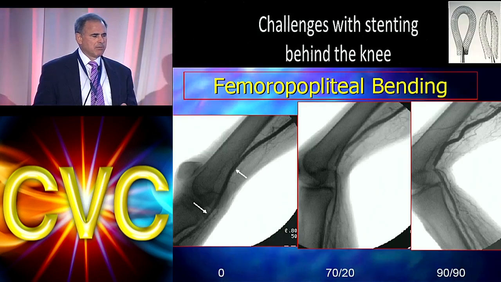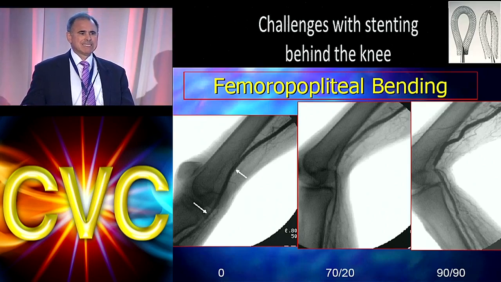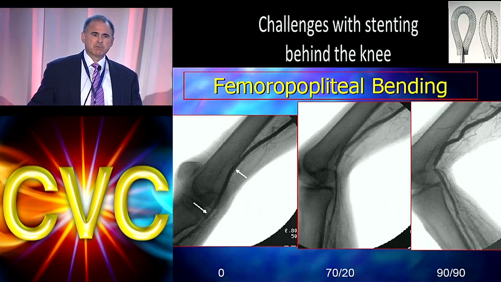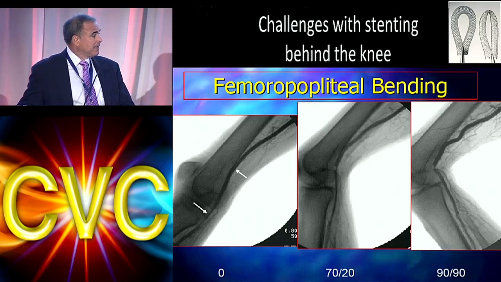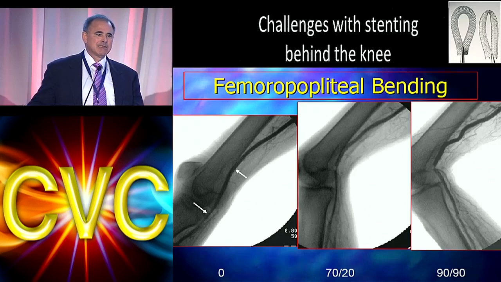Now, this is a problem I've mentioned about stenting behind the knee. When we first published, David Ali and I, our first big article, in which we created the stent fracture classification, mostly used now, 1 through 4, in endovascular today, we got some hate mail when we published that, because people said, you're going to ruin the field. You're talking about stents actually fracturing, because it was the first big article on stent fractures.